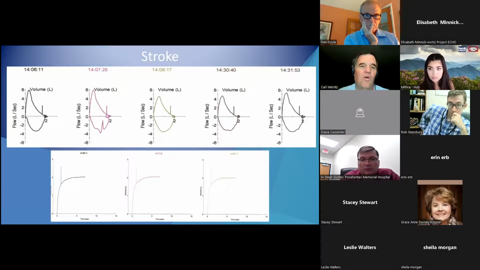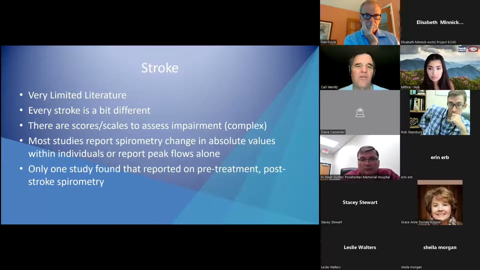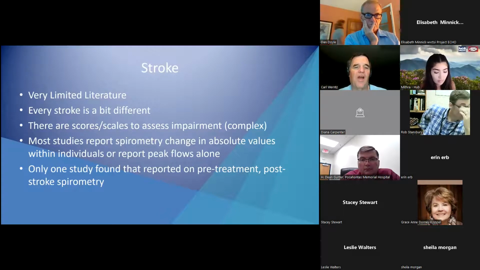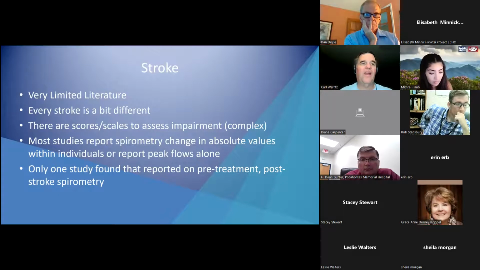So I went back to the literature for this one. There's very little literature on strokes and their impact on spirometry. I think the underlying problem is that every stroke is a little bit different, its impact is a little bit different, and the disability after the stroke is different for each person. The only literature I was able to find was across some treatment or another, and they just compared an individual to themselves.